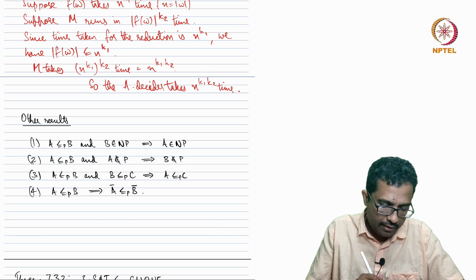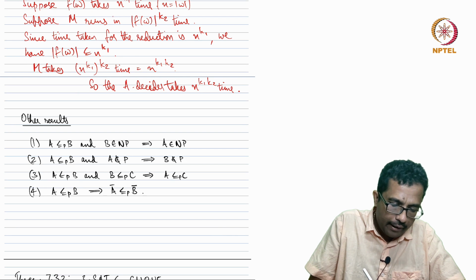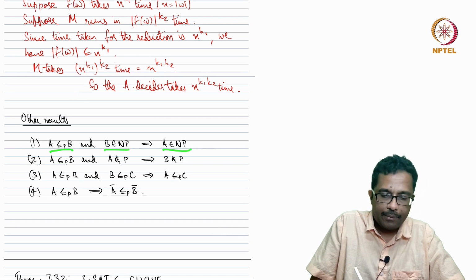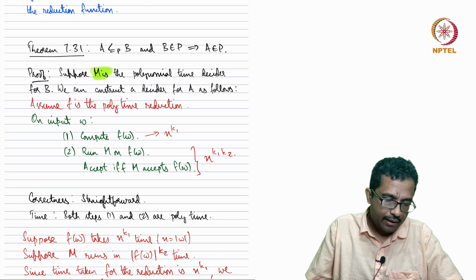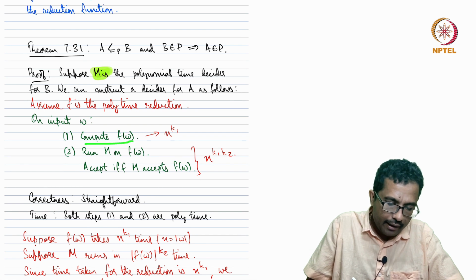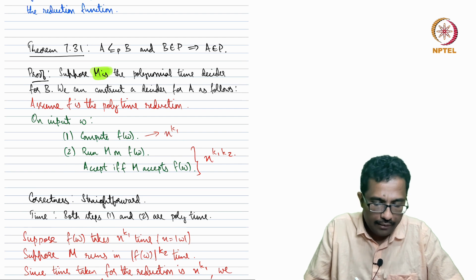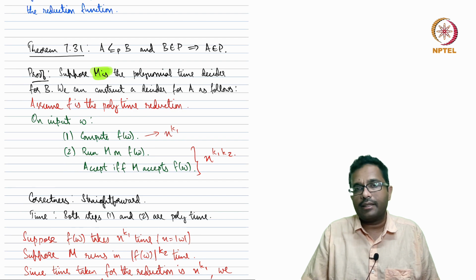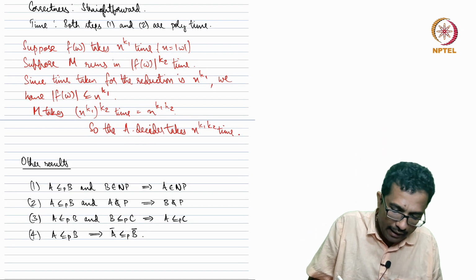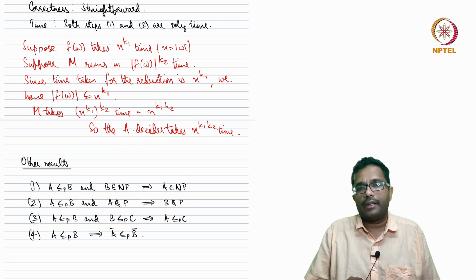This is true because these two together imply an NP decider for A, which is straightforward by the same process. We compute the reduction and then run the non-deterministic decider for B on the reduced instance, so that together they give a non-deterministic decider for A. So the claim is that A is in NP.